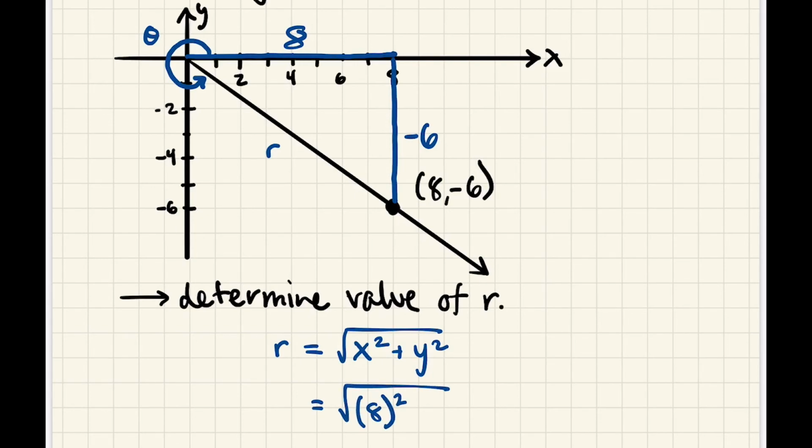And x is 8, and y is -6. So that's the square root of 100, which is 10. So r is equal to 10. So now it's just a matter of writing out these 6 definitions.